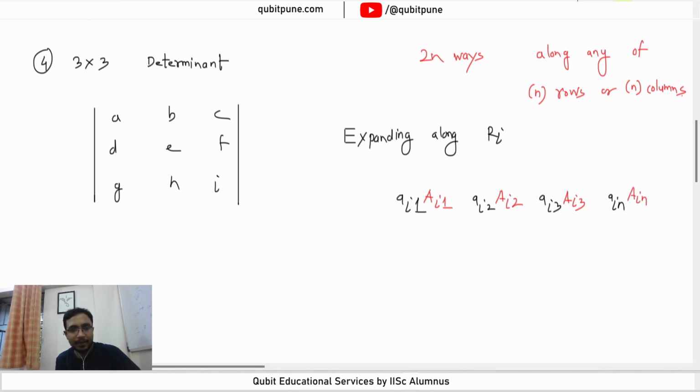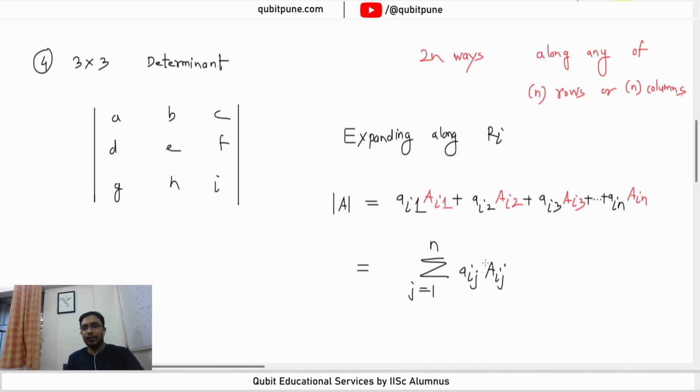Correct? And then I'll add things. And that gives me the determinant A. So I can write it in a more compact form as the sum of aij times capital Aij, as j goes from 1 to n. Do you follow this?